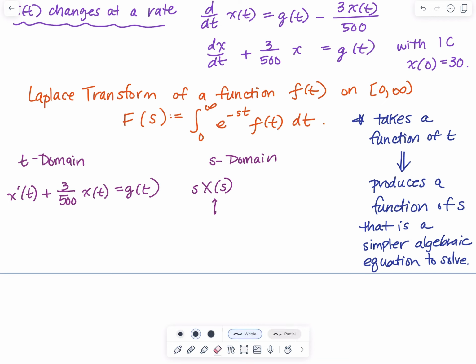Let's go ahead and write that x sub 0 here is equal to 30.